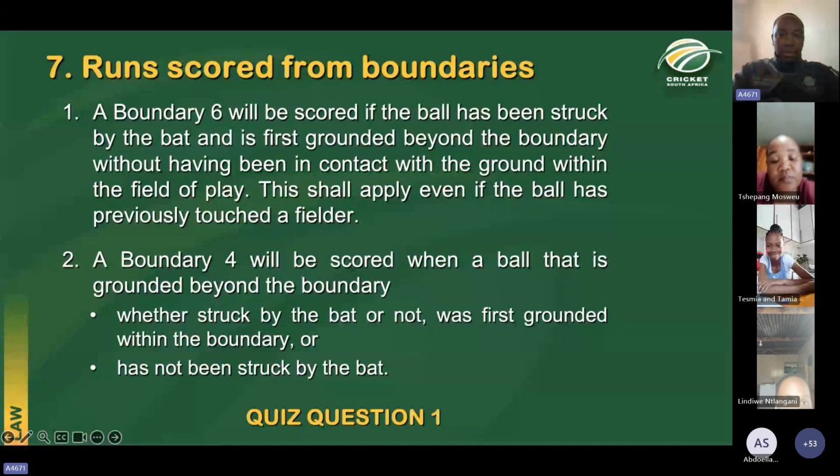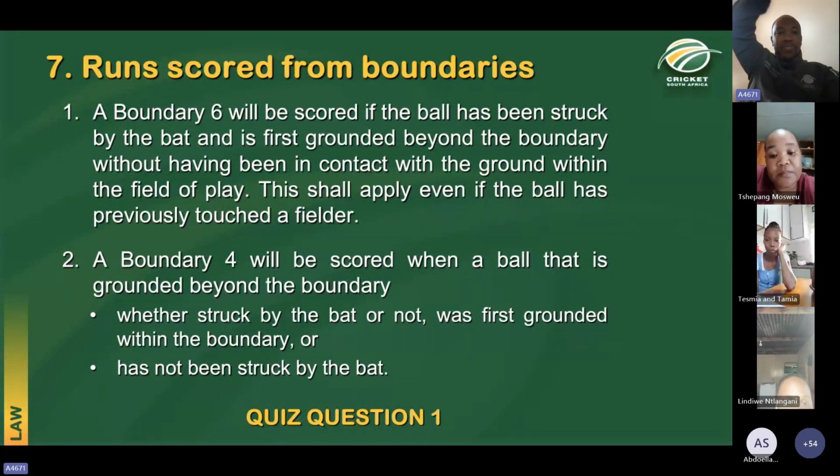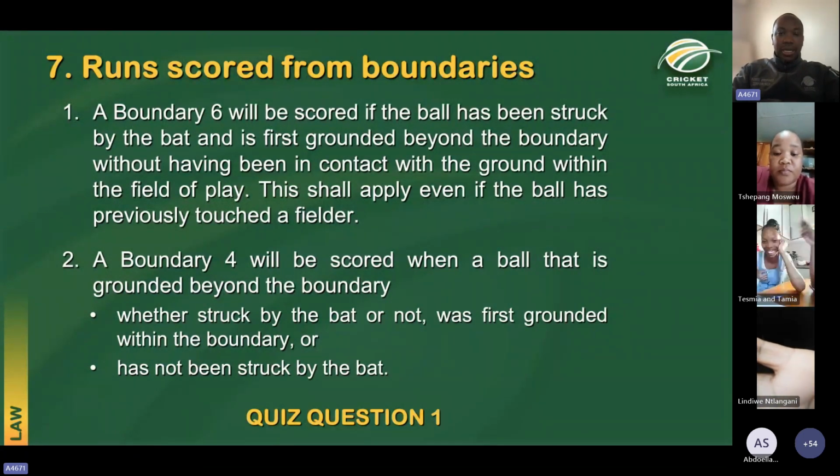So, believe it or not, even though the ball flies over the boundary rope without bouncing within the field of play into the pavilion, we need to signal boundary 4. So the correct answer for this scenario is signal leg byes and then signal boundary 4.